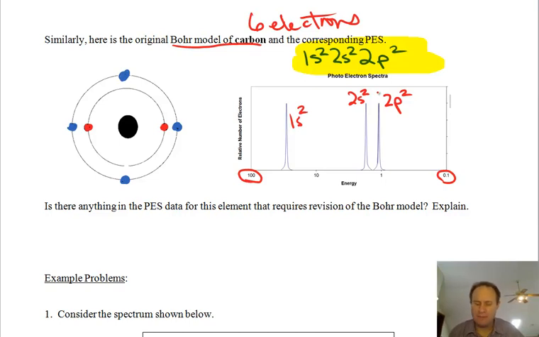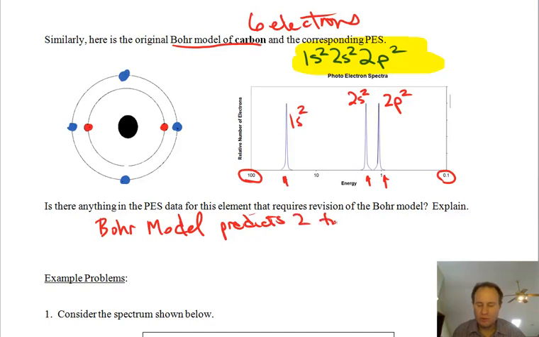But if we look at that, we have electrons with 3 different amounts of energy. This amount of energy, this amount of energy, this amount of energy. We have electrons with 3 differing amounts of energy. The Bohr model only predicts 2. The Bohr model predicts 2 types of electrons.